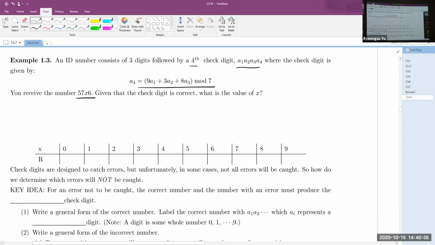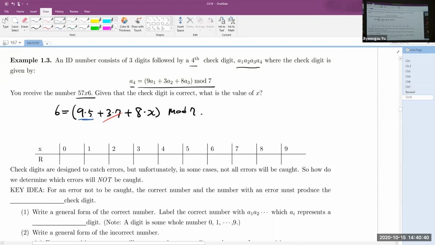So to get this, A4 is 6, so 6 should be 9 times 5 plus 3 times 7 plus 8 times x mod 7, right? But again, instead of adding all of them, first of all, you can actually disregard the second one, right? Because 3 times 7 should be 0 mod 7, because it is a multiple of 7.